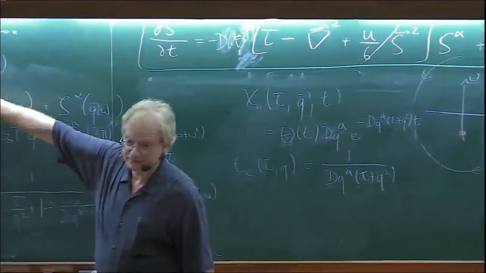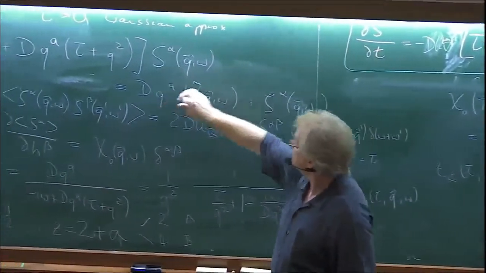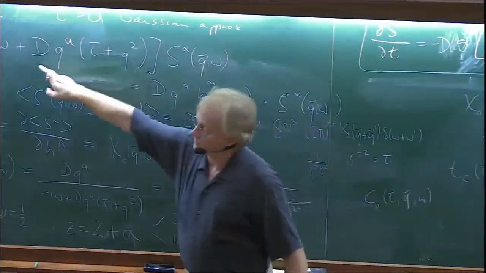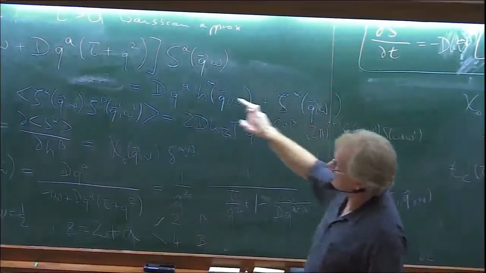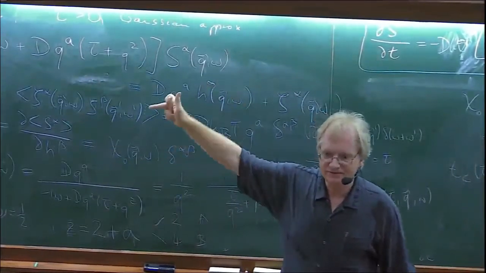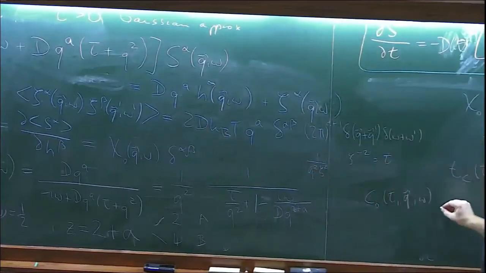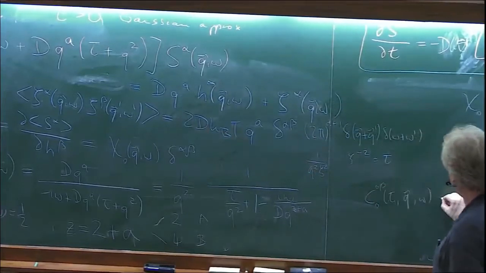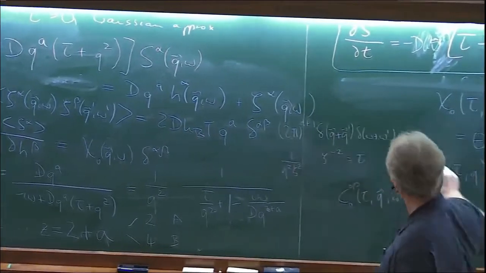I can forget this term. So I need S alpha, S beta. S alpha is really just the noise divided by this square bracket. S beta is the noise zeta beta divided by this square bracket at different frequency and different wave vector. And so as I do this, I'm going to find something that's again diagonal and that satisfies all these factors.